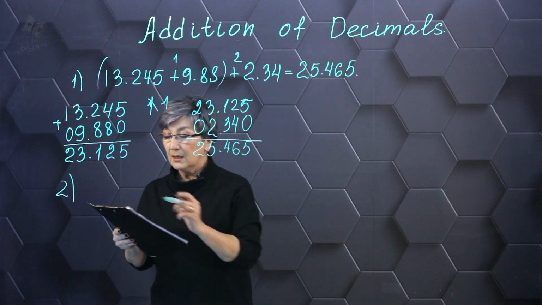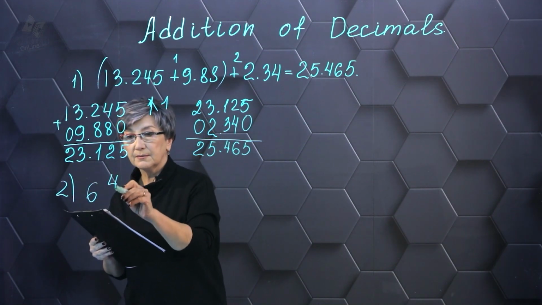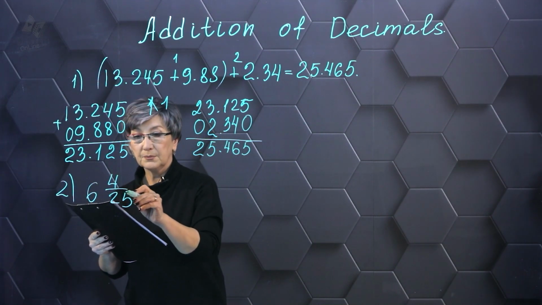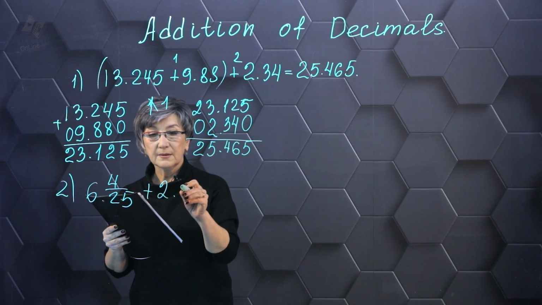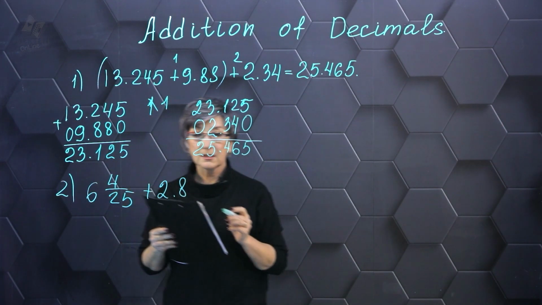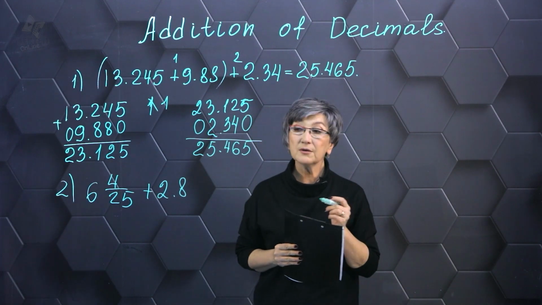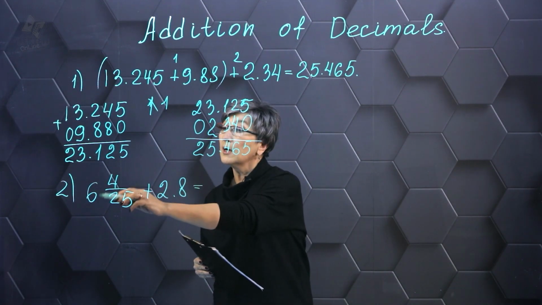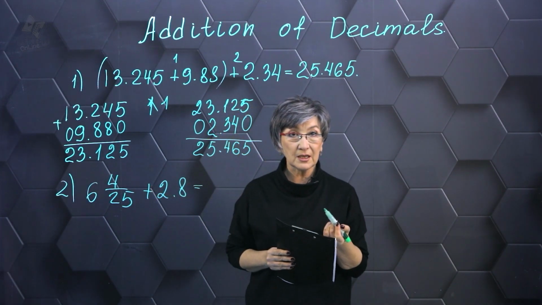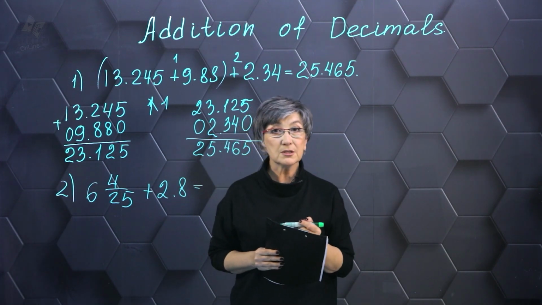Second example. 6 whole 4 25ths plus 2 whole 8 tenths. We need to add these 2 numbers together. What are we paying attention to? The point is that one number is a mixed fraction and the second number is a decimal fraction.